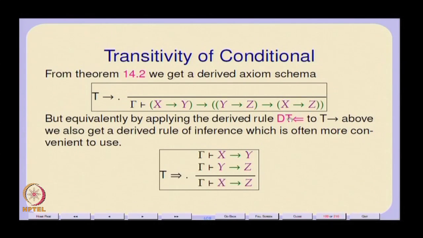Essentially by applying the deduction theorem backwards, we could move all these assumptions behind, and therefore get something like this. Very often you will find this form of the rule more convenient to use than the axiom schema, because the axiom schema is huge, while the rule splits it up into smaller formulae, and is therefore easier to use.